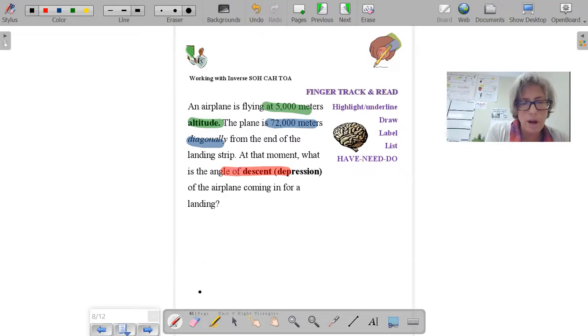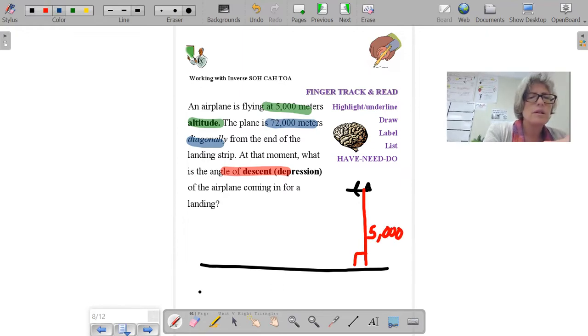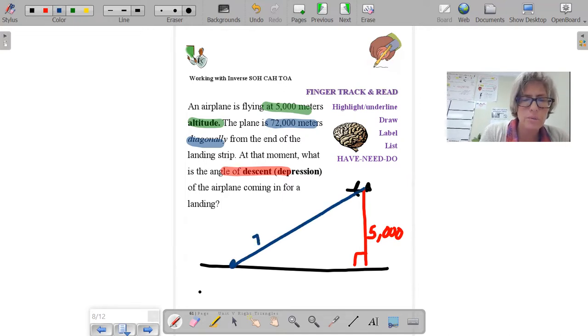So we establish ground here. We have an airplane. Airplane's flying at 5,000 meters in altitude. That's a straight down concept. Diagonal 72,000 to the end of the landing strip.